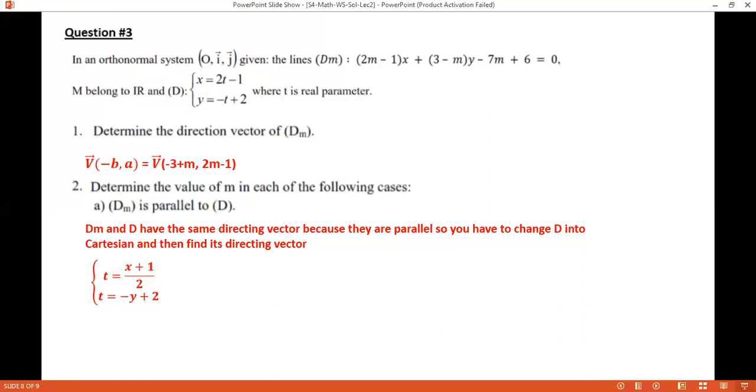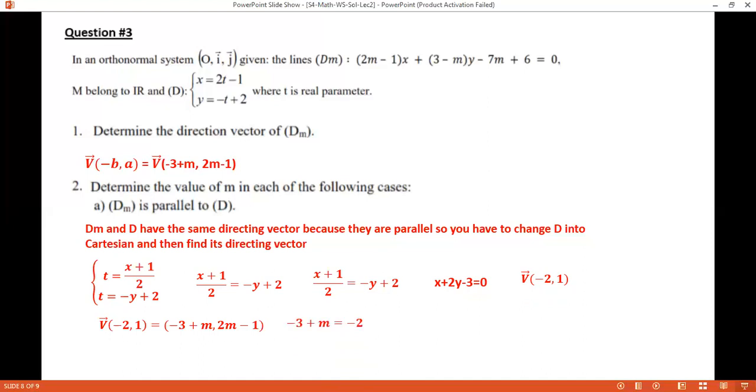You put t equals t, so you will get this form, and this is the Cartesian form of straight line D. Now what's the directing vector of this equation? It's (-2, 1). And now (-2, 1) is equal to the directing vector of DM, which is (-3 plus m, 2m minus 1). So you just take, for example, -3 plus m equals -2, and then m equals 1. If you replace the y coordinate, you are also going to get m equals 1.